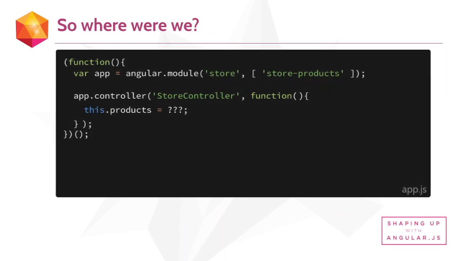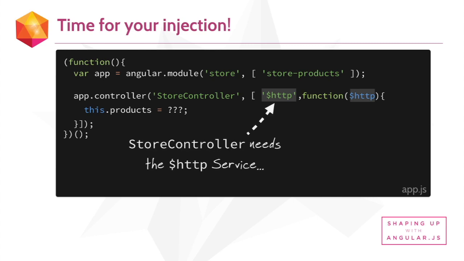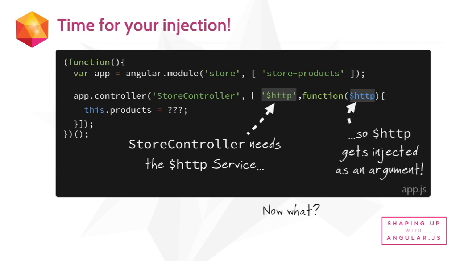So here we are back in our store controller, and we need that $http service. So we use that weird array syntax, and we specify $http there as a service it needs, and then we specify $http as an argument. Now we can use it inside our controller.